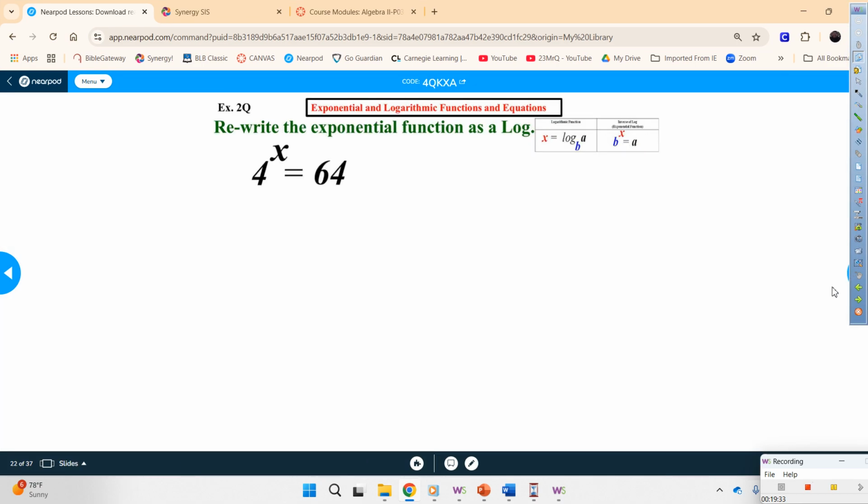Copy this one. Example 2q. 4 to the x equals 64. Write that as a log, please. All right, show your neighbor what you got as a log.